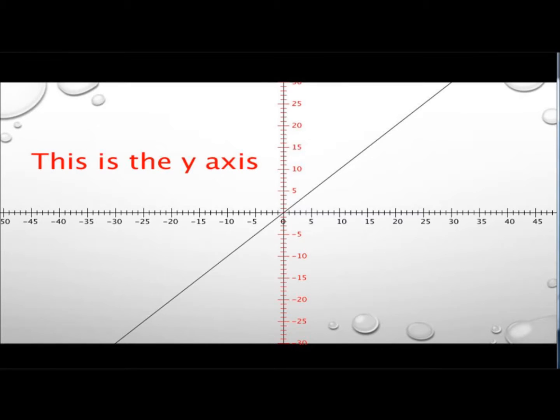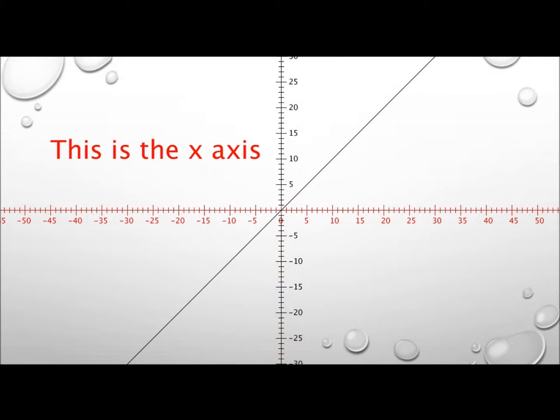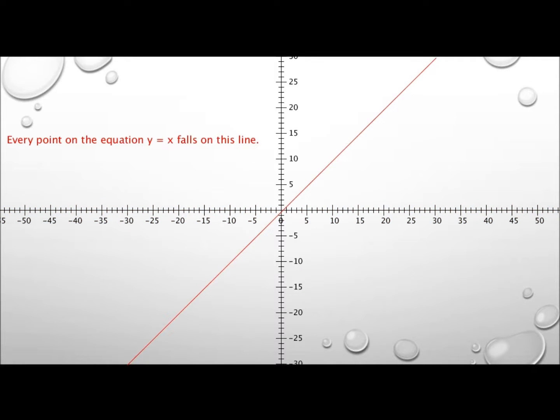On a graph, the y-axis is the vertical axis that goes from top to bottom. The x-axis is the horizontal axis that goes from left to right. Every point on the equation y equals x will fall on this line.